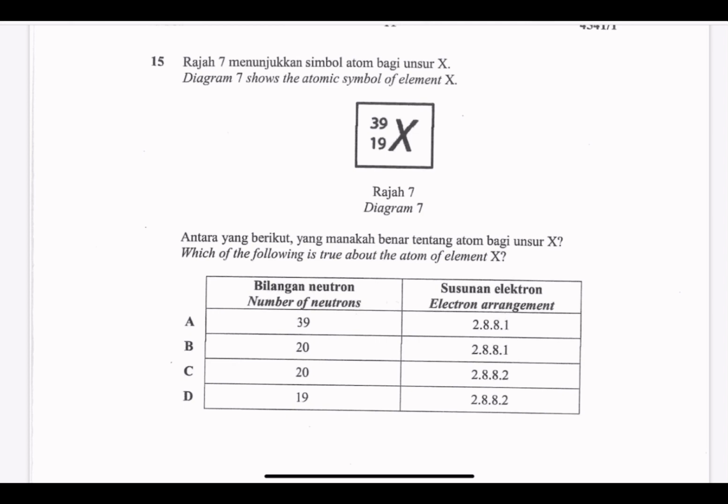Okay, question 15, atomic symbol of element. Okay, this is our neutron number and this is the proton number. Which of the following is true about the atom of element X? The number of neutrons is 39 minus 19, so it's 20.